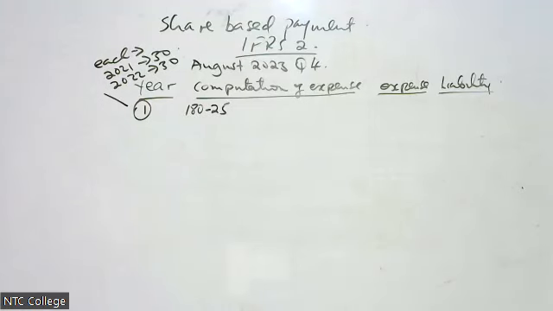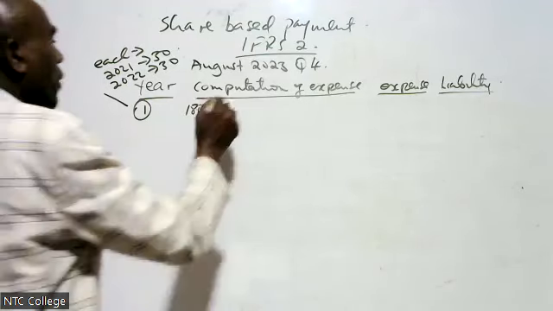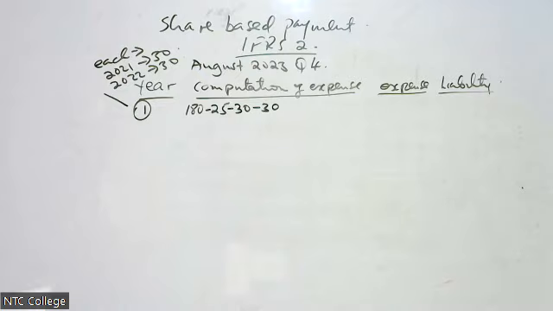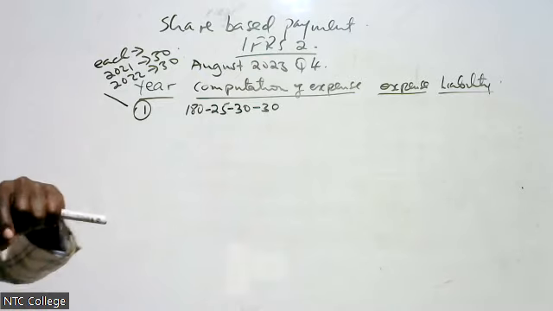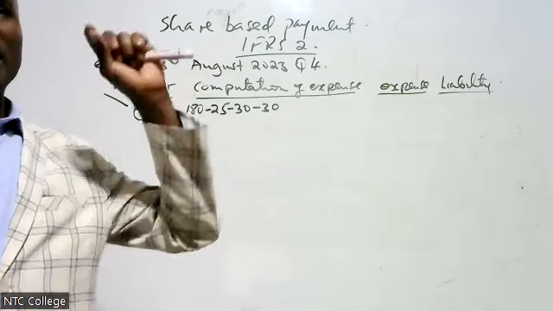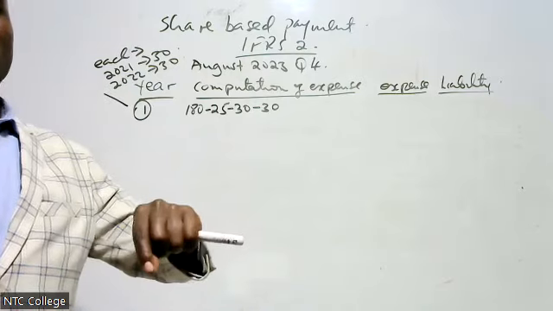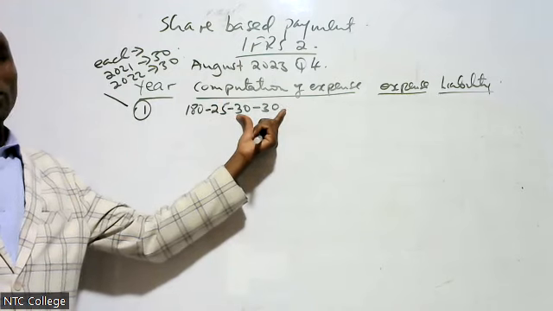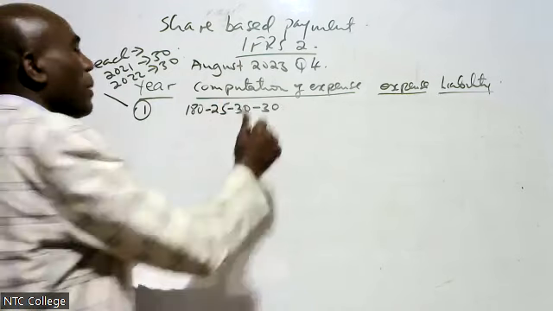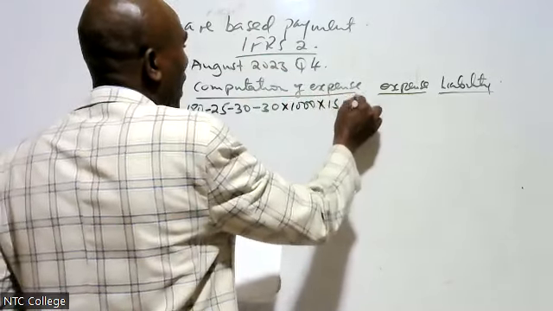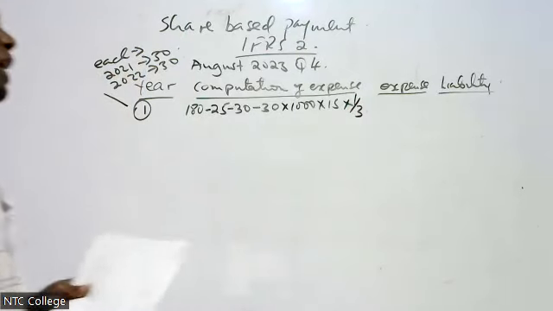Therefore, here I am going to subtract 30, and I also subtract 30, because I'm in year 1, but I'm estimating that in 2021, 30 employees will leave and in 2022, 30 employees will leave. Therefore, those estimates, I'm going to include them in year 1. Then I multiply by the options, which is 1,000. I multiply by the fair value, then by 1/3. I take the portion, I amortize that expense for year 1.